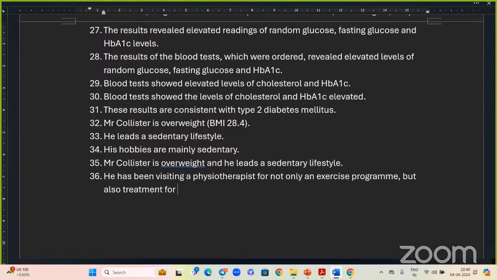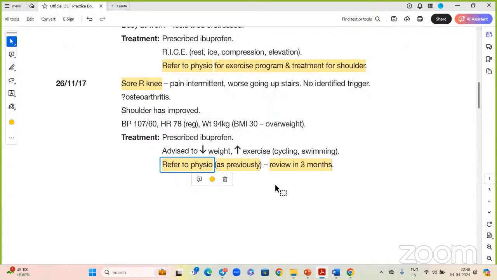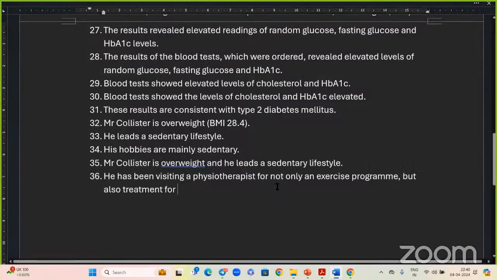Treatment for what? Treatment for shoulder and knee also.